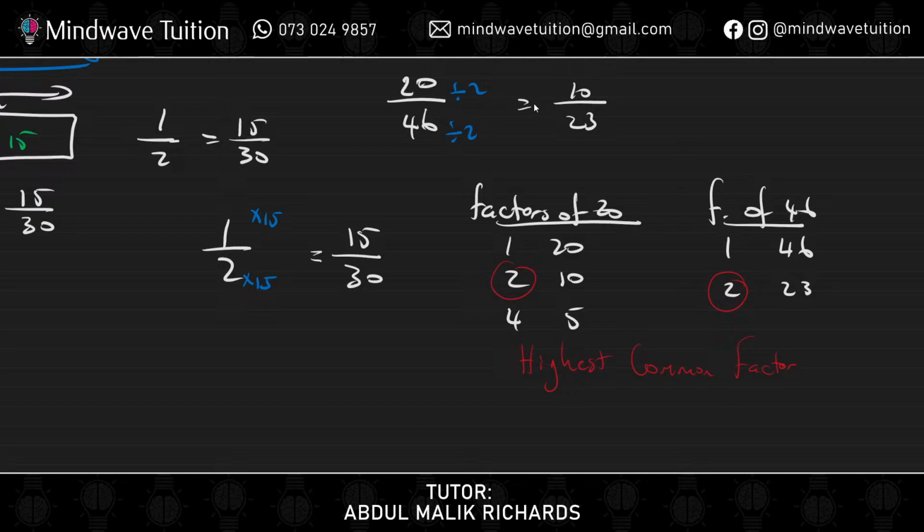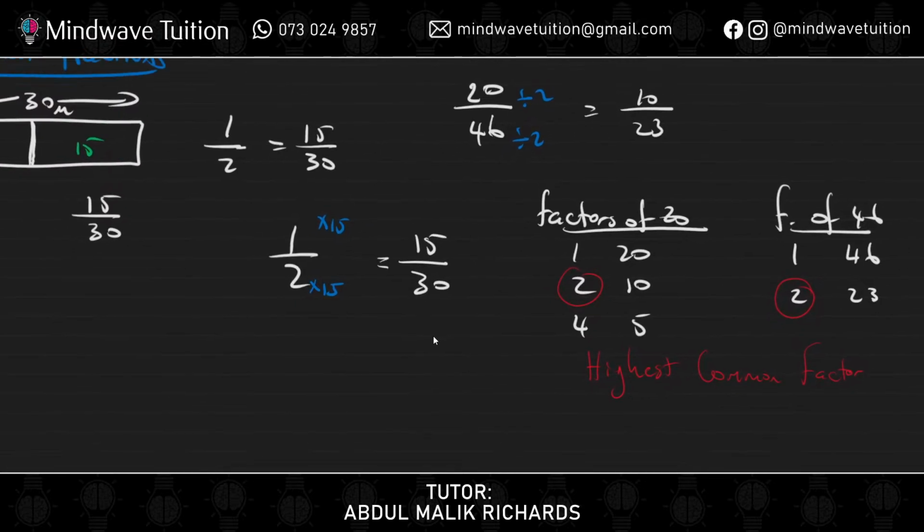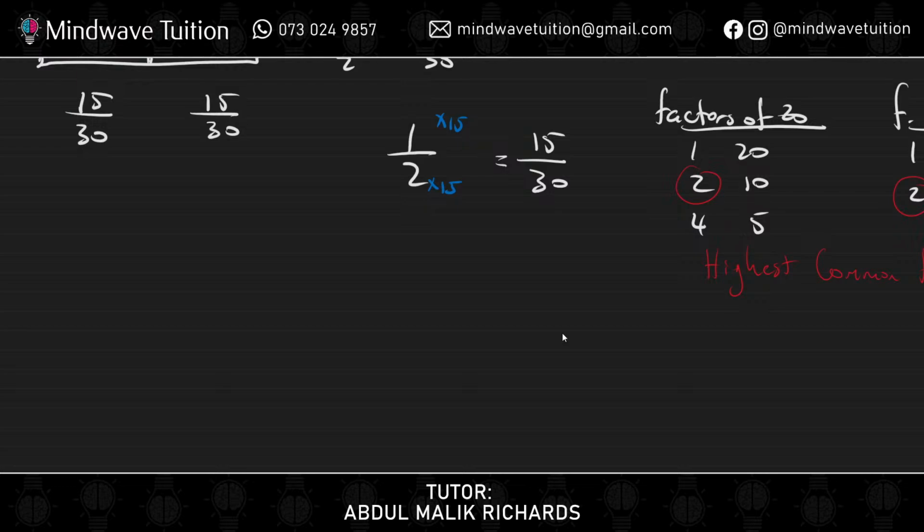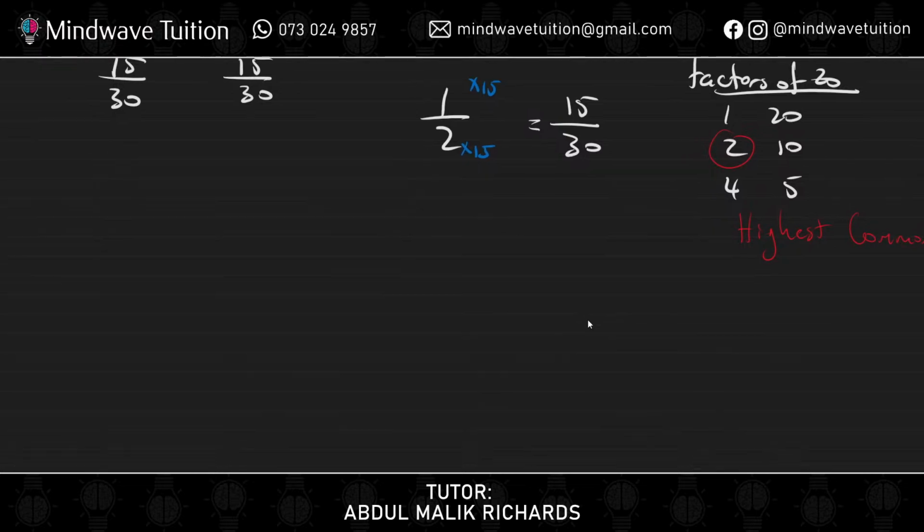So that is what equivalent fractions are. We can make bigger, we can make smaller, and we just do that using multiplication and division. Alright, so now let's get into some of the calculations for fractions.